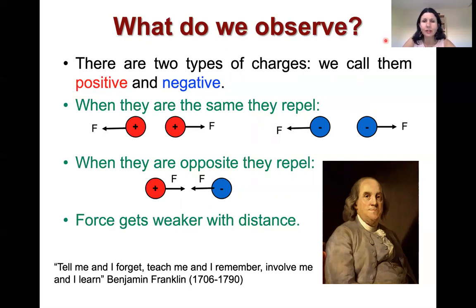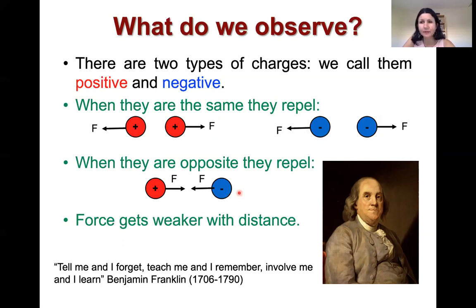So hopefully you got a chance to see some of these videos that demonstrated how different charges interact with each other. This is something that I'm sure you're all familiar with. There are two types of charges, positive and negative. And we know that when the two charges are the same, either two positives or two negatives, they repel. When they're different, they tend to attract.